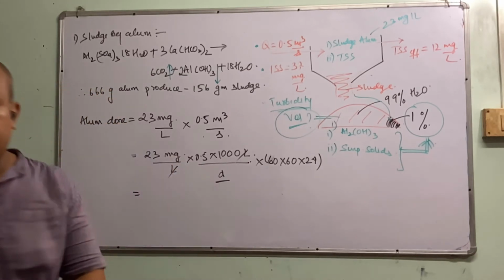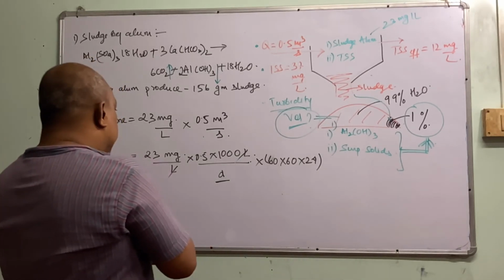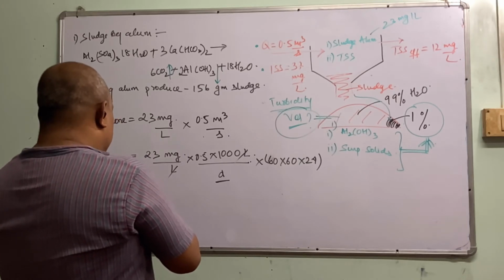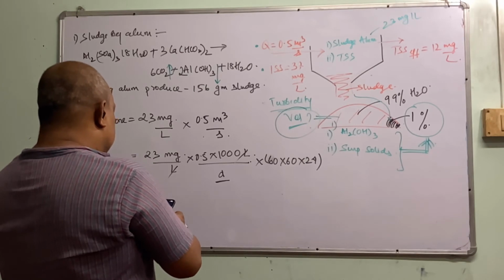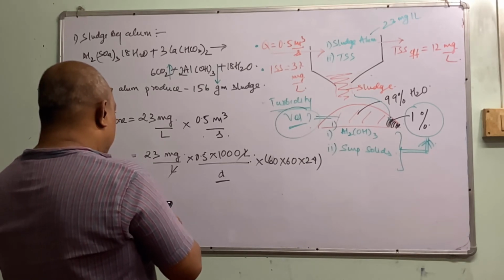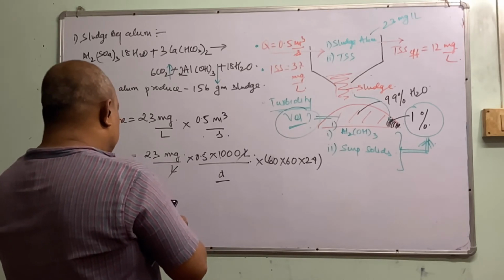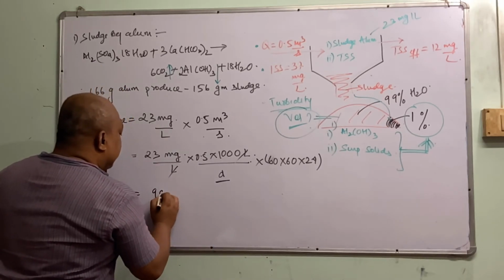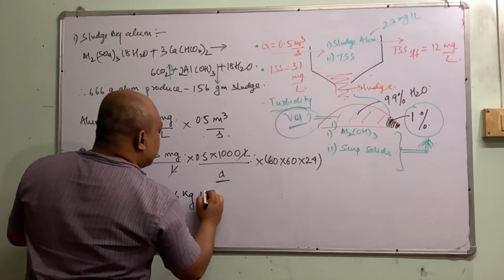It's a lengthy calculation. Let me check it out: 23 into 0.5 into 1000 into 60 into 60 into 24 divided by 1,000,000,000. So I got 993.6 kg.